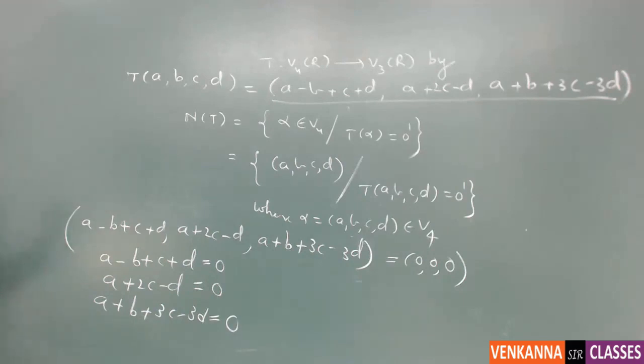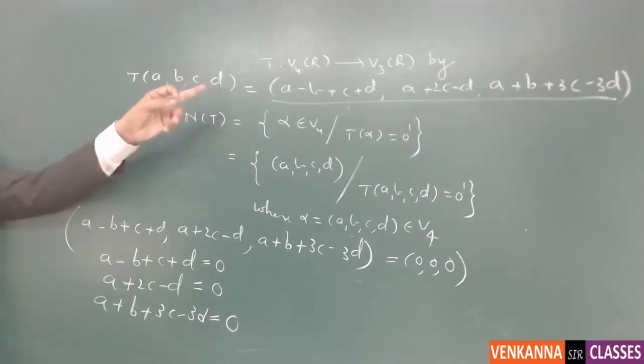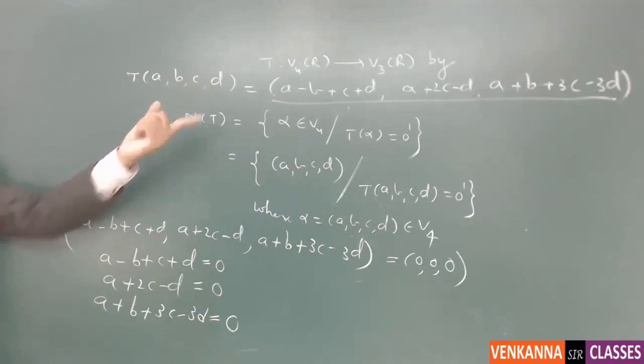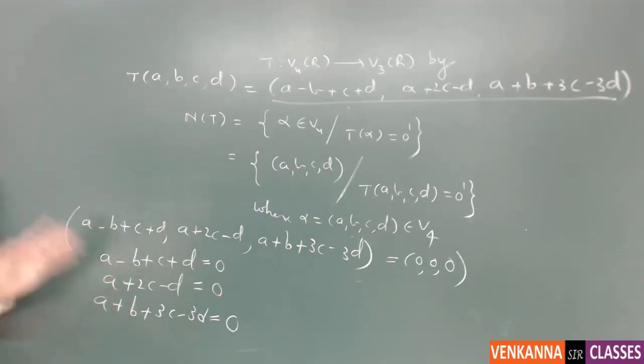So the total N of T is defined by these things. In other words, N of T is nothing but the solution space of this homogeneous system. Is that clear for you? Whenever a question is asked to find N of T, whatever the T condition is, you simply equate the condition values to 0 and solve that equation. That's it. This is a homogeneous system. We know how to solve it.